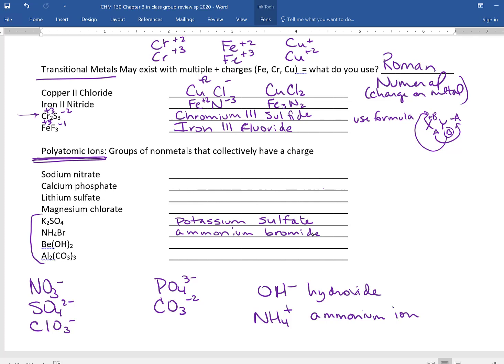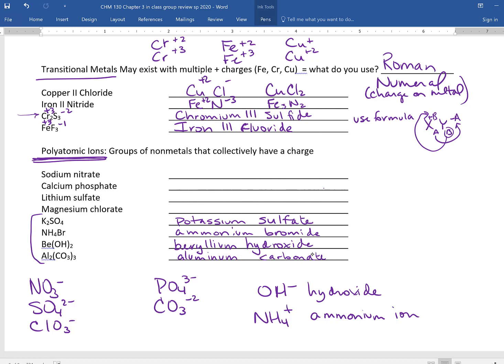So Be(OH)2. Hydroxide. Al2(CO3)3. Carbonate. So aluminum carbonate. So CO3 is the carbonate.